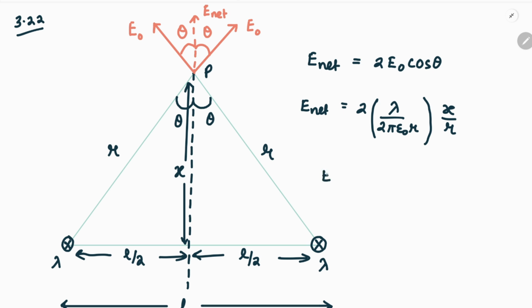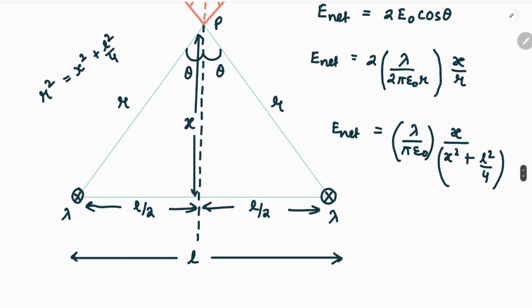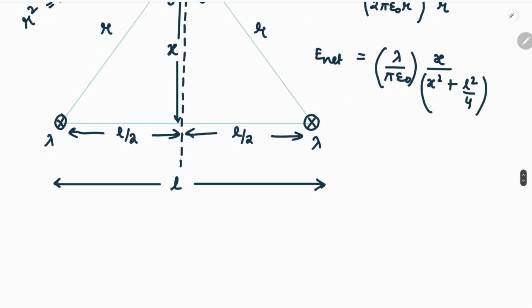So we get the E net value as lambda upon pi epsilon naught, the 2 and 2 cancelled out, x upon r square. So r square can be written as x square plus L square by 4. So this is the equation that we obtain for E net.